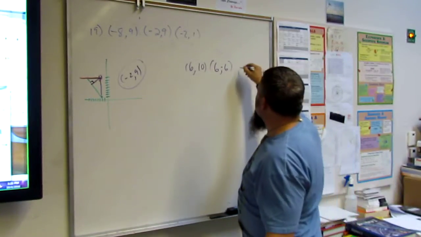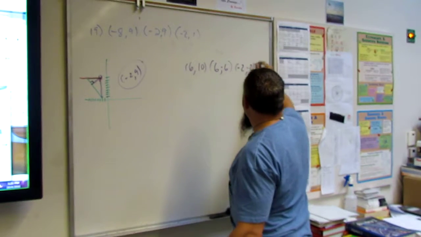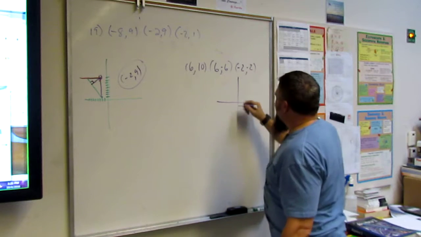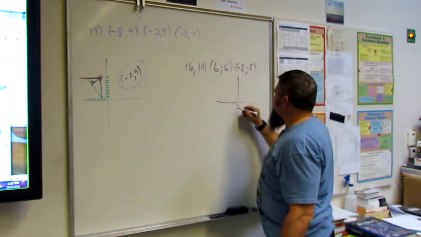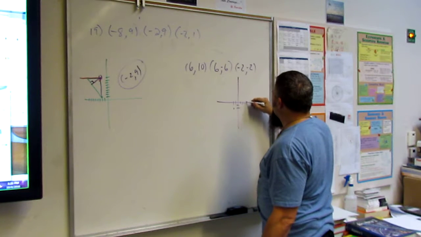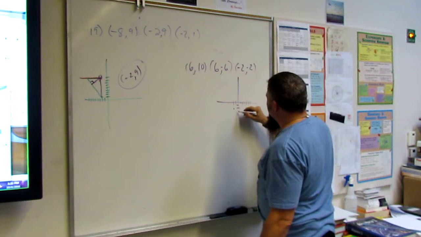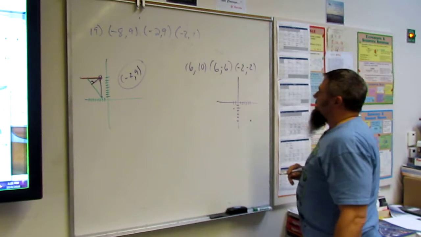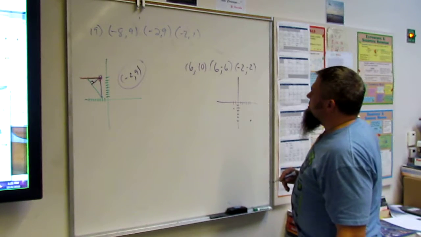That's 17. Okay? So with this one, you have -2, 1, 2, and -2, right? And then you have 6 and -6, right? And then you have 6 and 10.